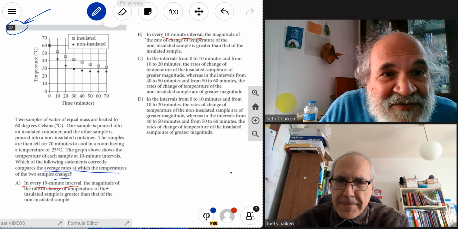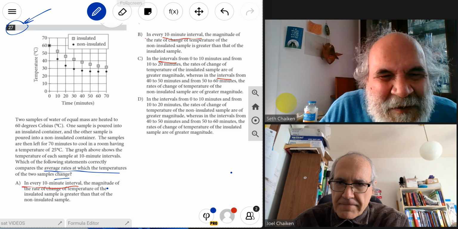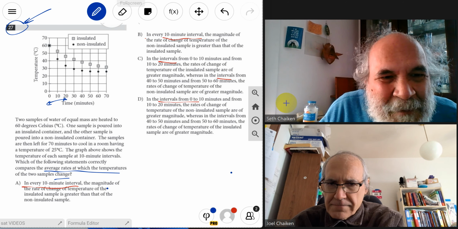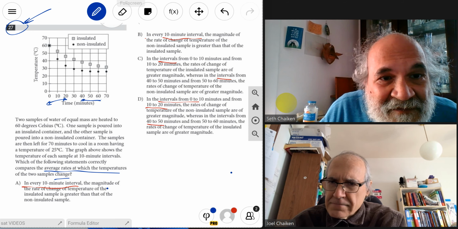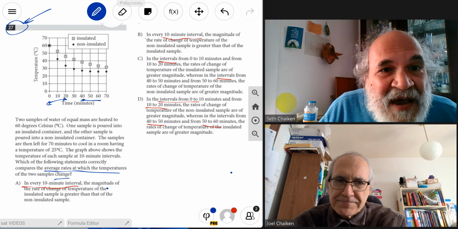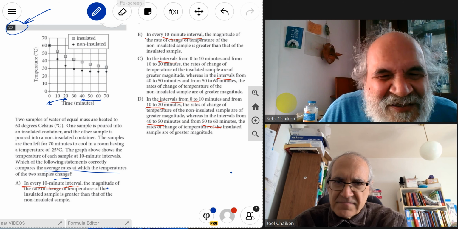In the intervals from 0 to 10 and from 10 to 20, and then in the intervals from 40 to 50 and 50 to 60. Then choice D is also about the intervals from 0 to 10, 10 to 20, and about 40 to 50 and 50 to 60. So they're all common, and it's about the rate of change in an interval.